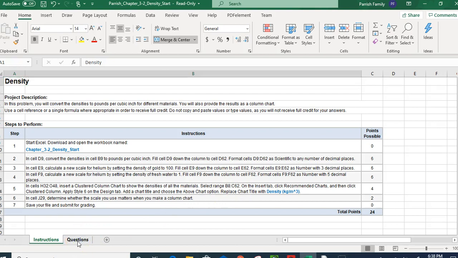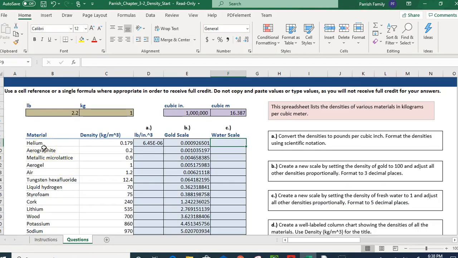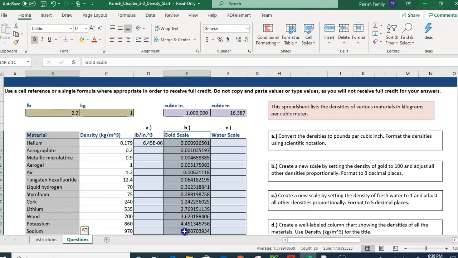The last couple parts are, they're asking you to do a clustered column chart for B8 through C62. So we want to select from B8, which is the material, all the way down to the bottom of the density, and you're going to do a clustered column chart. And in that clustered column chart, you're going to make sure that the title is correct. One other thing is they want you to compare, what if I have a chart that has the material column and the gold scale.